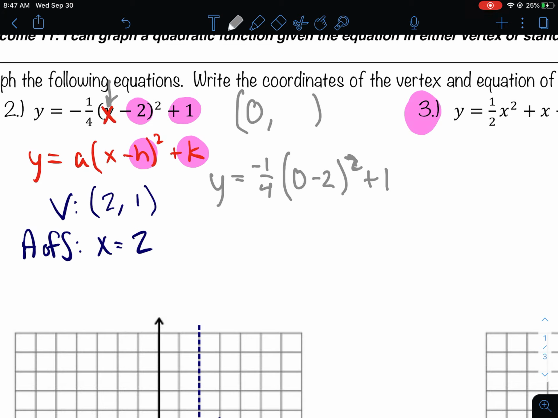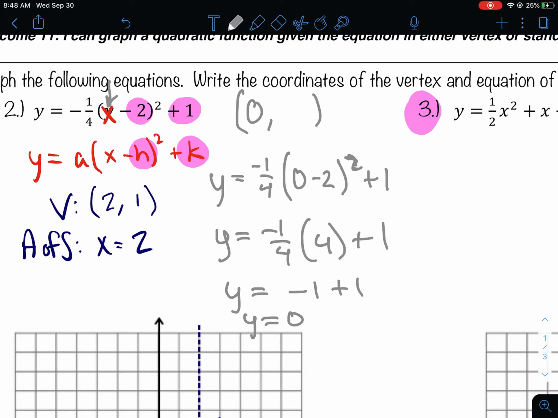Okay, negative 2 squared is 4, so essentially I have y equals negative 1/4 times 4 plus 1. Well, negative 1/4 times 4, or negative 1/4 of 4, is just negative 1. So I get y equals negative 1 plus 1, or y equals 0.